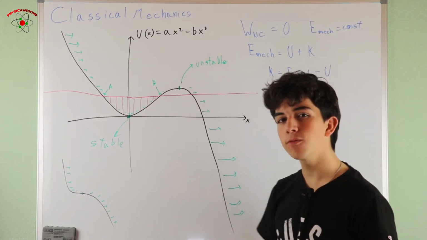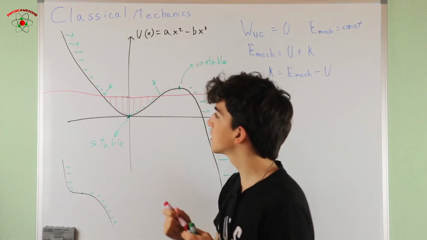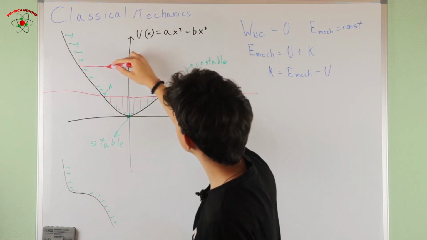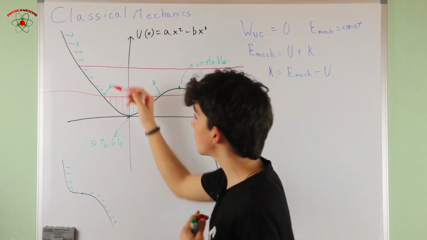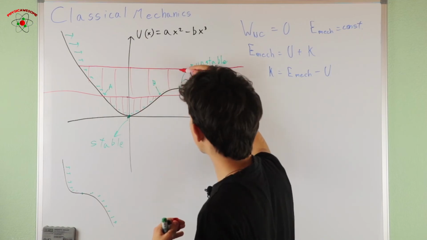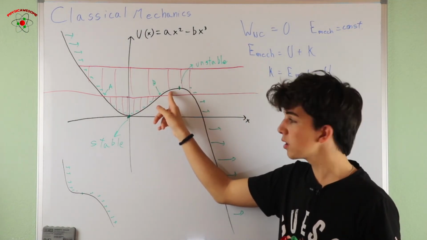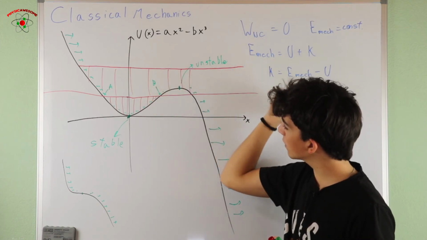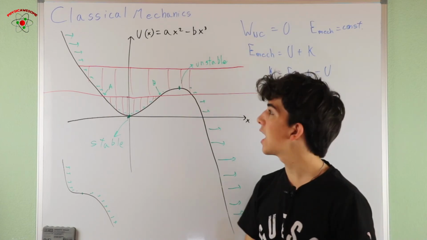But if we start increasing this mechanical energy until we reach this point, for example, what we find is that there's a point at which the kinetic energy is so large the ball can go away from here and pass this unstable critical point and continue to go down.